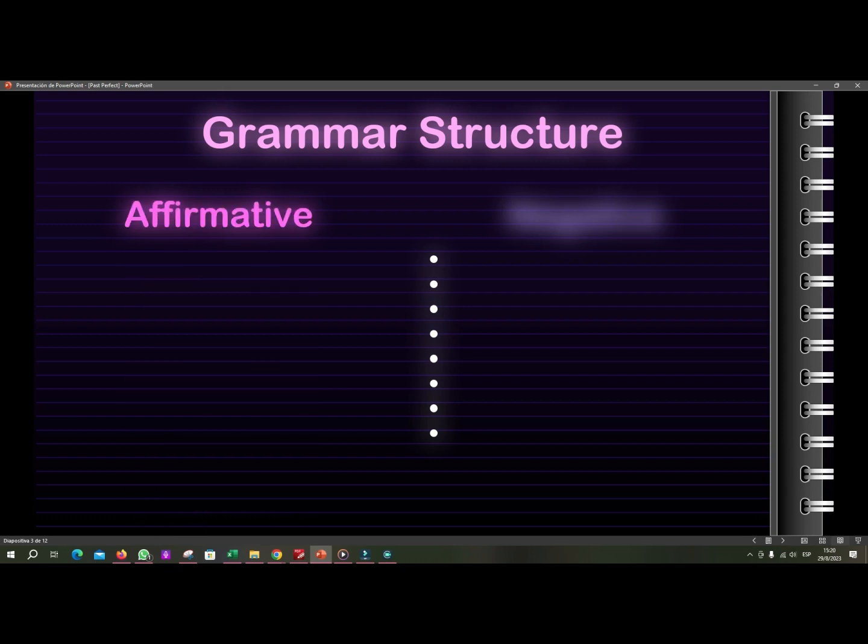Here you have the grammar structure, the affirmative one. You're going to have first the subject, and in this case, we're not going to use has or have. Instead of that, we're going to use the past, that is had, right? And also the past participle of the main verb, also the complement.